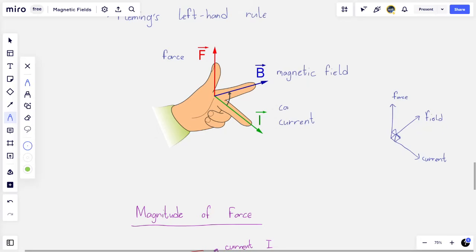When I say current, I mean conventional current. I mean the flow of positive charge. So if this were the case of electrons, you would flip the direction of your middle finger. Okay, conventional current is the flow of positive charge. If you were electrons flowing, you would flip your hand so that your middle finger points in the opposite direction. A conventional current flows in the opposite direction to negative charge.